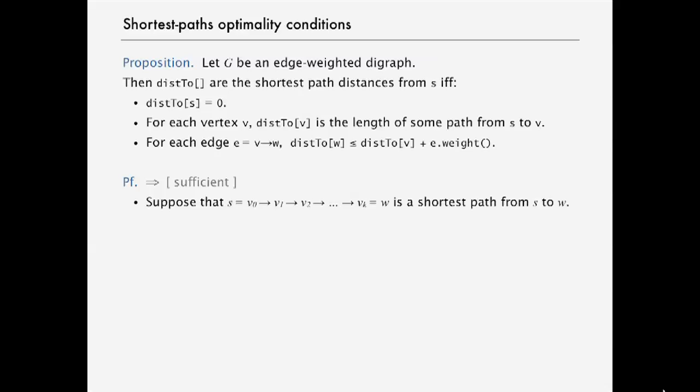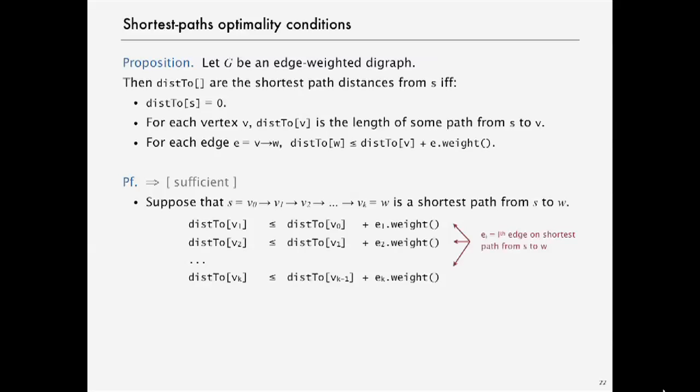And then sufficient: suppose that we have a shortest path from S to W. We're assuming these conditions all hold, so for every edge on the path, this has to all hold. It starts at the end.